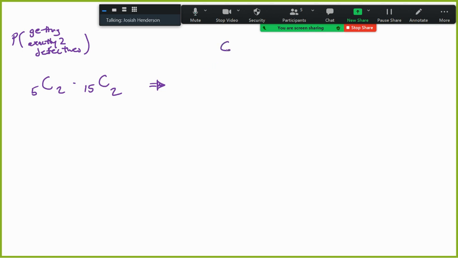So for 5 choose 2, this is 5 factorial over 5 minus 2, 3 factorial, times 2 factorial. That's n minus r times r. Expand 5 times 4 times 3 factorial.